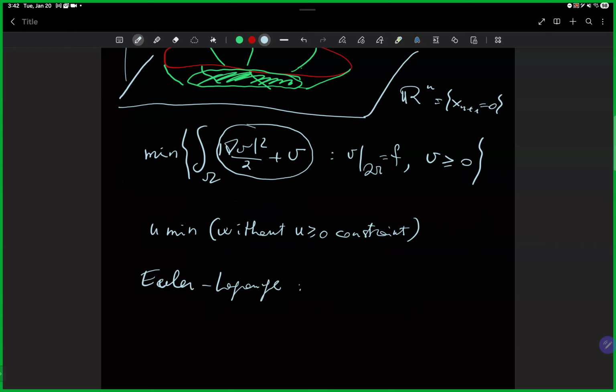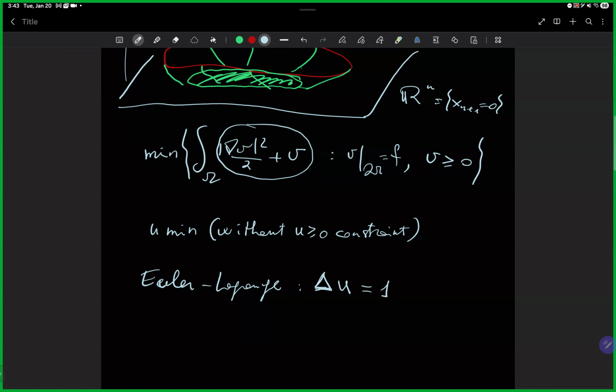It will give you the Laplacian of u. And the second term, the linear term, will give you equal 1. So you can compute just the optimality condition. You test the energy with perturbations, and then you discover the following PDE.